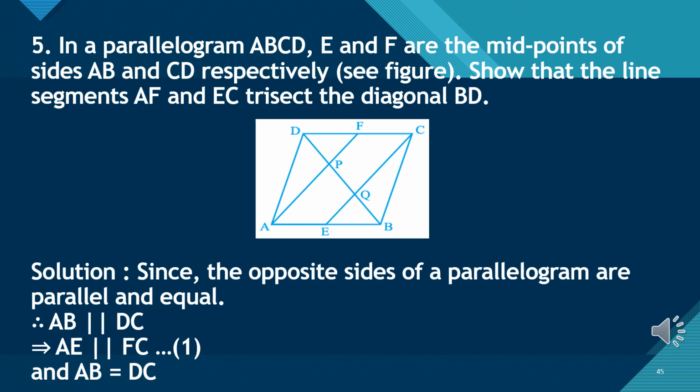Equation number 3. Therefore AB equals SR. Therefore PQRS is a parallelogram, and the diagonals of a rhombus bisect the opposite angles.